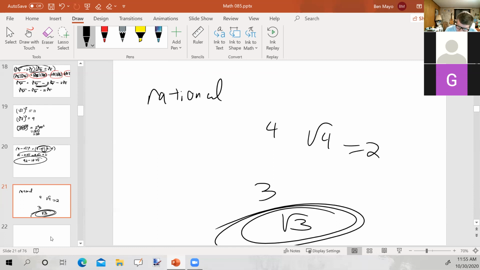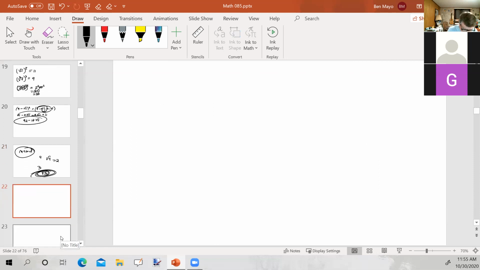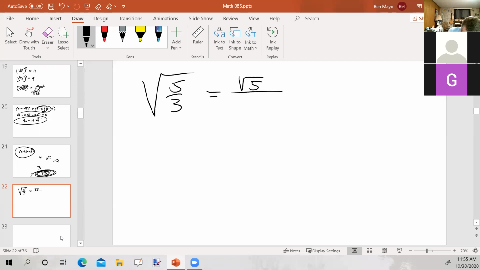So what we're going to do is we're going to try and take an expression that has an irrational denominator, and we're going to turn it into a rational denominator. All right, now let's say I've got the square root of 5/3. That's equal to the square root of 5 over the square root of 3.